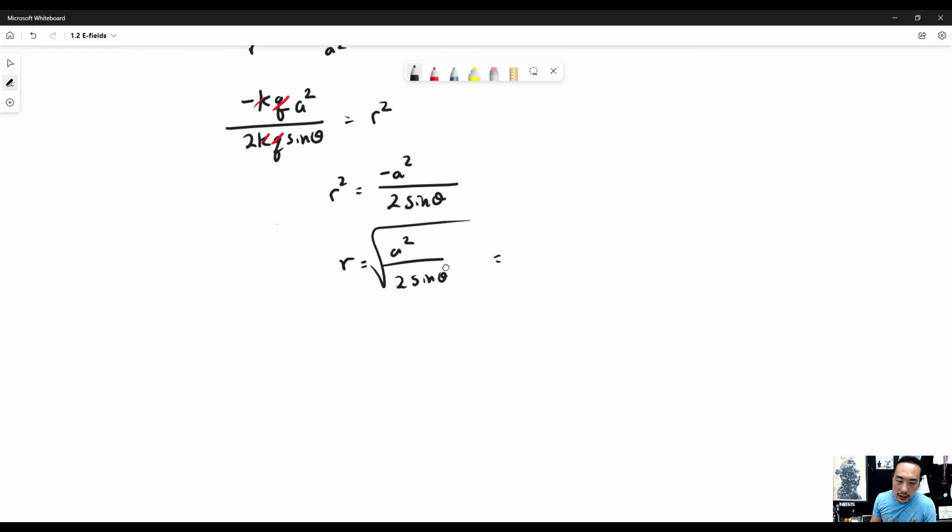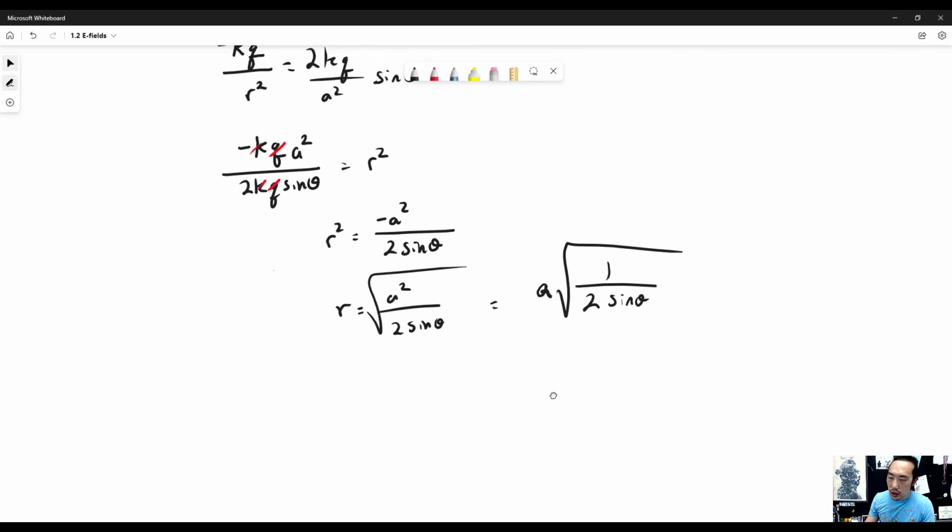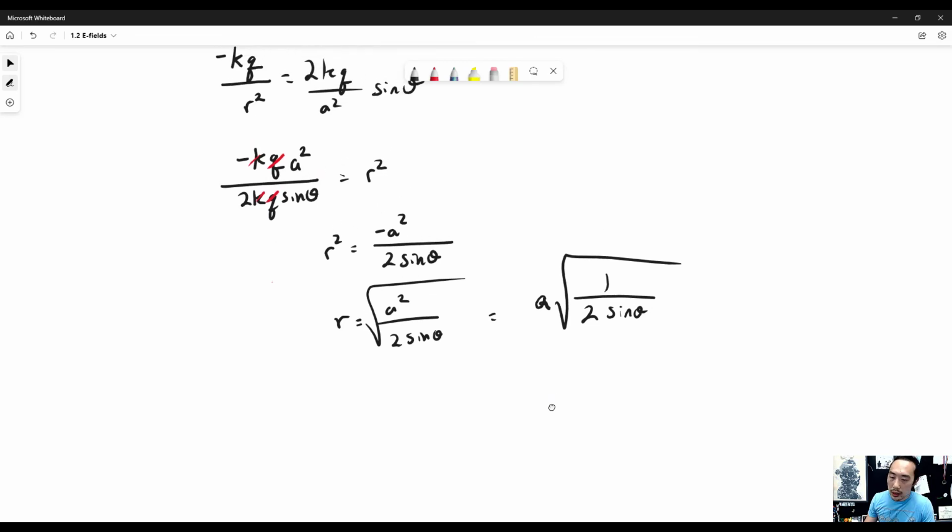If we were to simplify this even more, we will get the square root of 1/2 over 1 over sine theta, and that's an a up there. So wherever that location might be in terms of coordinates, that would be where we can place the negative charge, so that it will cancel out the E field from the other two charges.